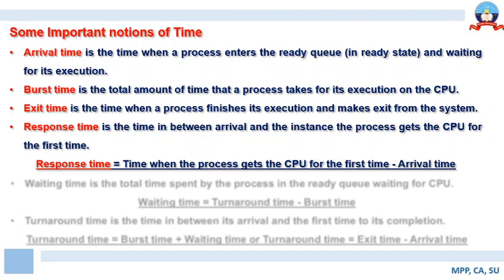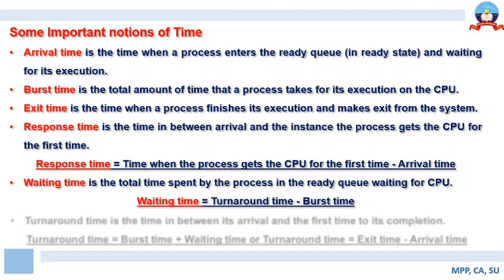Say for example, the process arrives at time instance 2 and it experiences CPU at time instance 5. So the response time will be 5 minus 2, that is 3. So within 3 units of time, the process gets an experience of the CPU. So that's called response time.